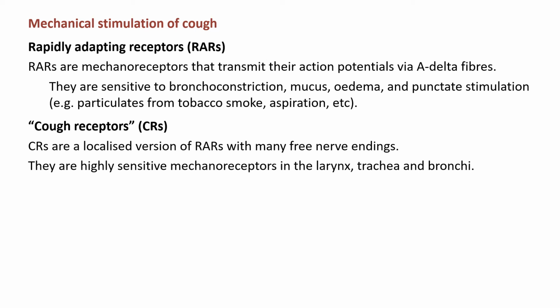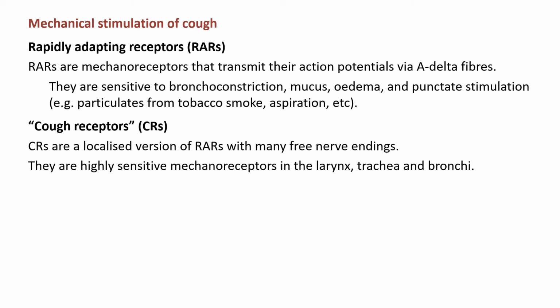Cough receptors, as I said, is a bit of a confusing name. They're all cough receptors, but these are specifically called cough receptors. They're a localized version of our rapidly adapting receptors, so they're very similar. They tend to have, though, many free nerve endings. So this makes them quite sensitive to tiny, tiny things.